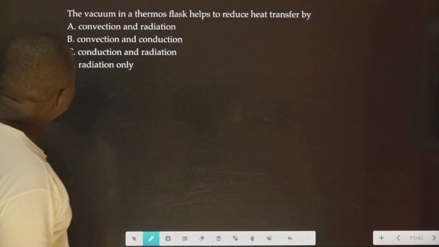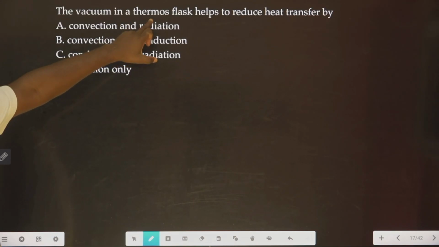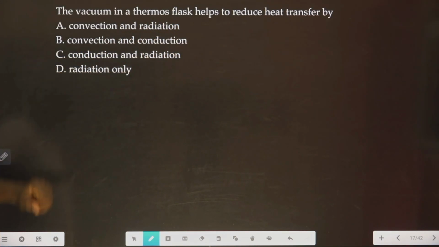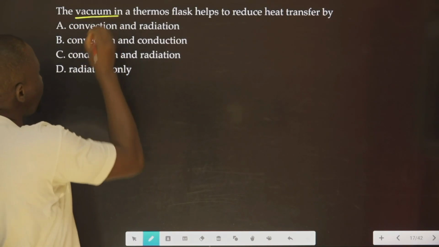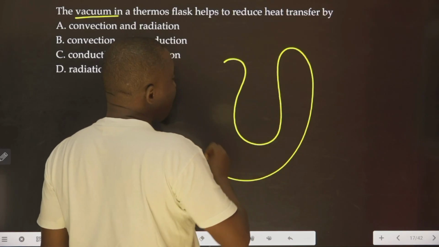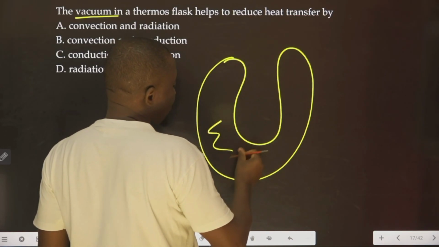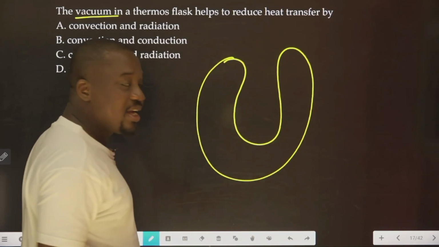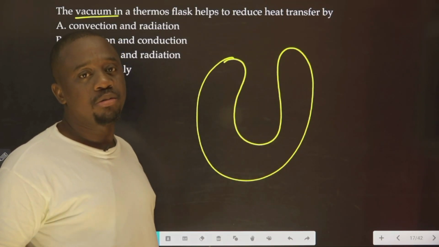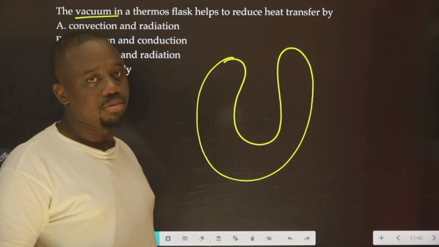Let's look at this. It says a vacuum in a thermos flask helps to reduce heat transferred by what? That is the vacuum. Only the vacuum. For instance, let's do it like this. Assume that this is the vacuum we are talking about. Okay? As you can see, there is no material in the vacuum. No fluid, no conduction.